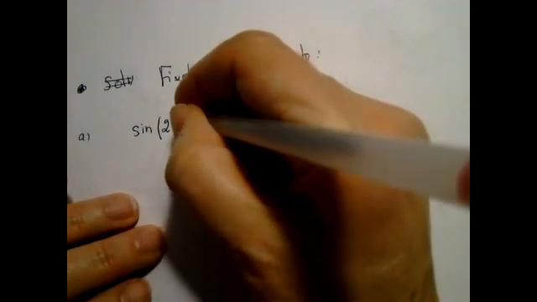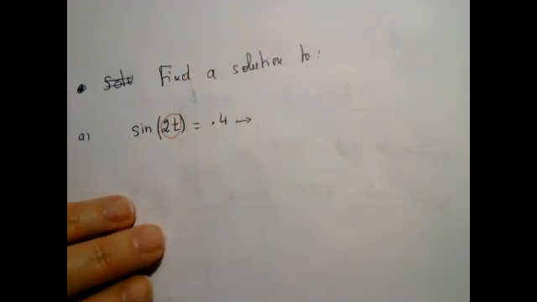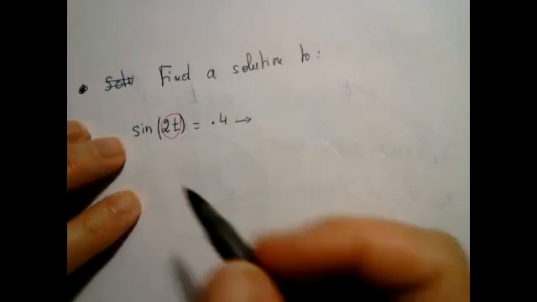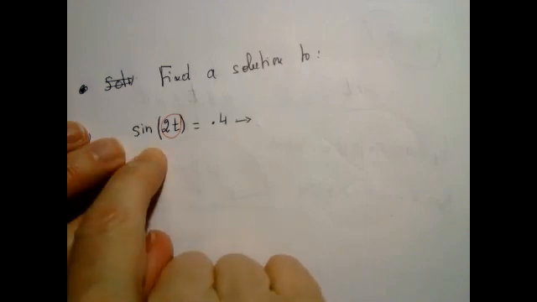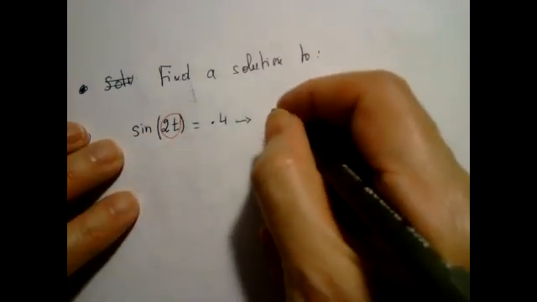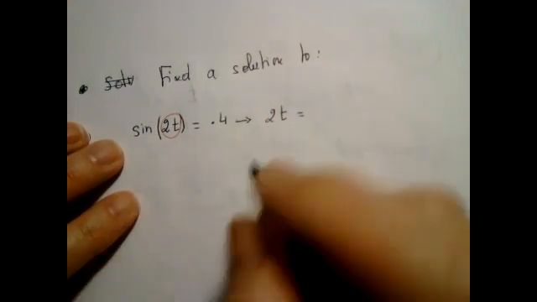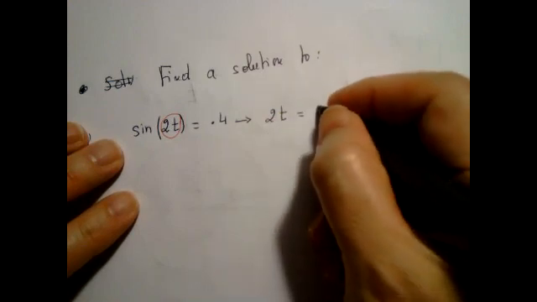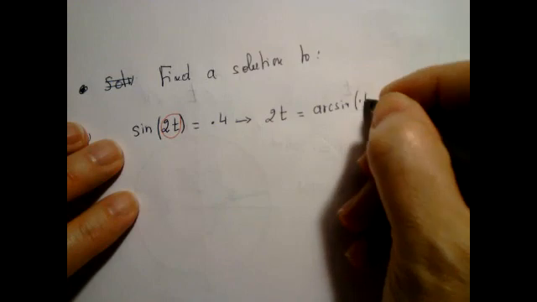I have 2t inside here. I have a sine, and the only way I can isolate it is to take the arc sine. So this is going to give me, very carefully, 2t equal sine inverse, or arc sine, of 0.4.